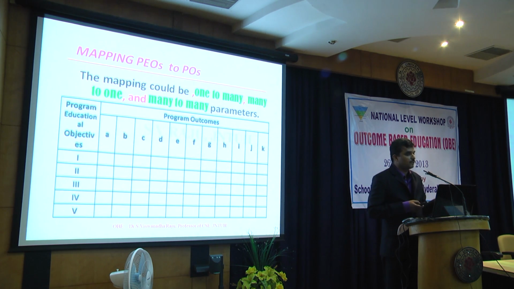Many to many is not possible for everything, but the first two are easily applicable everywhere. This is the correlation matrix representation. How to map it, we will discuss later by taking a curriculum. That could be very useful for affiliated colleges, or those under the umbrella of some other body.